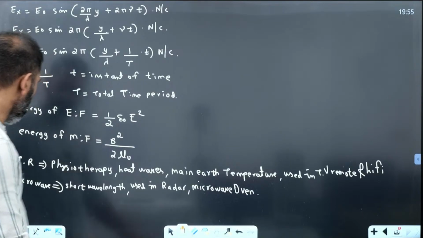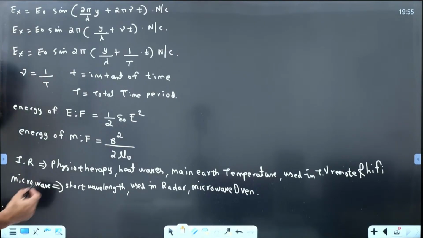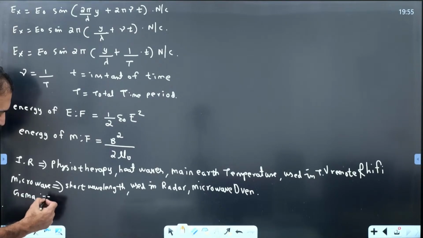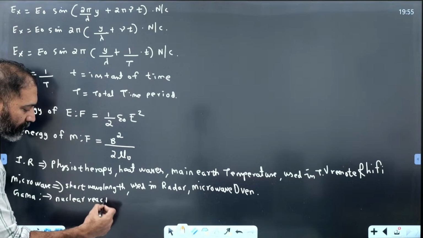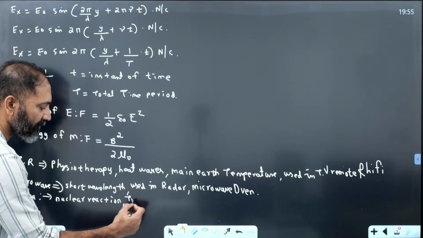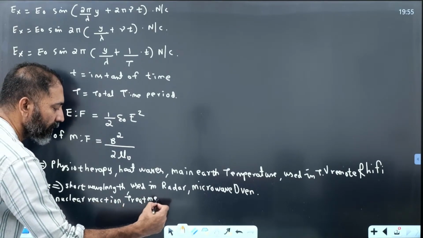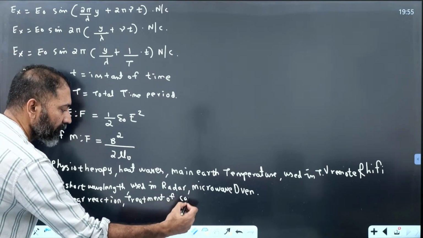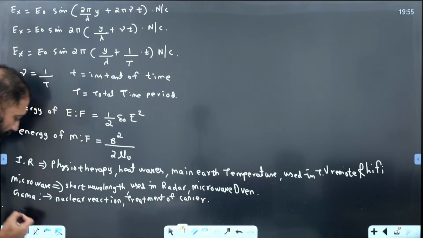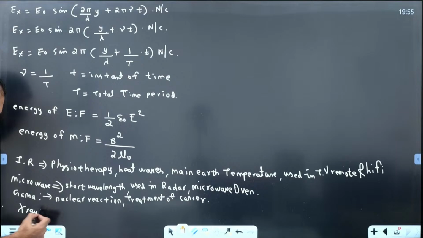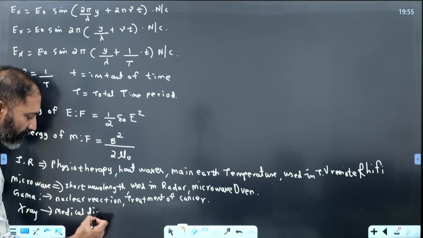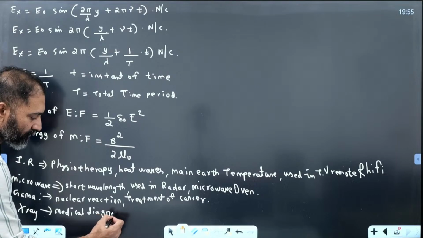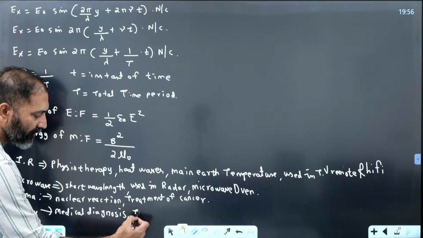Then gamma rays: produced in nuclear reactions, used in treatment of cancer. Then X-ray: medical diagnosis, treatment of cancer.